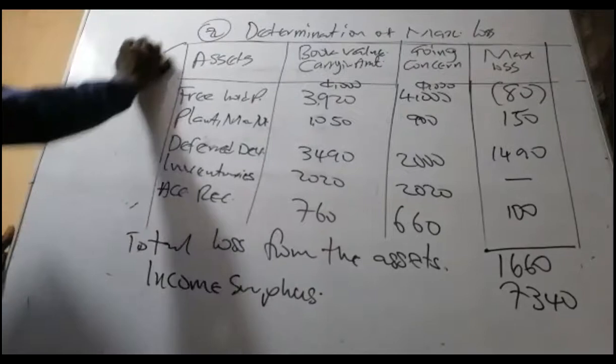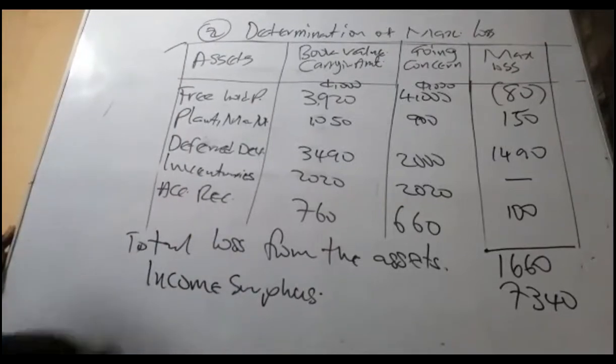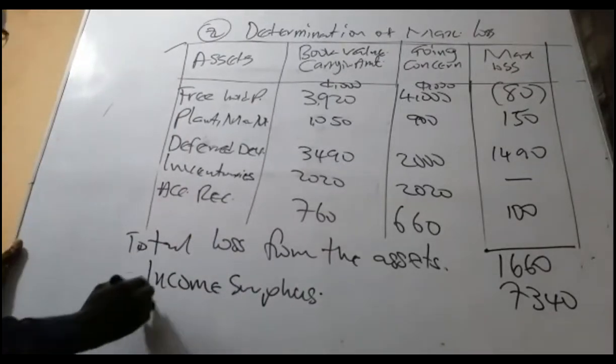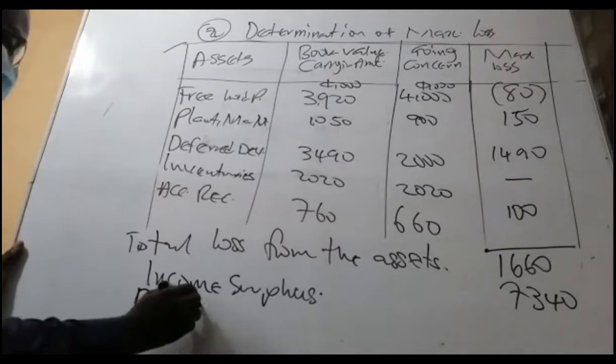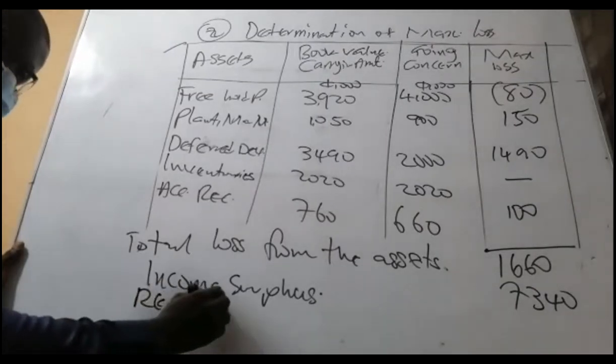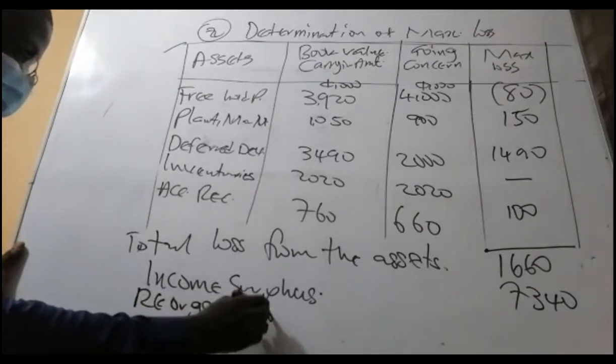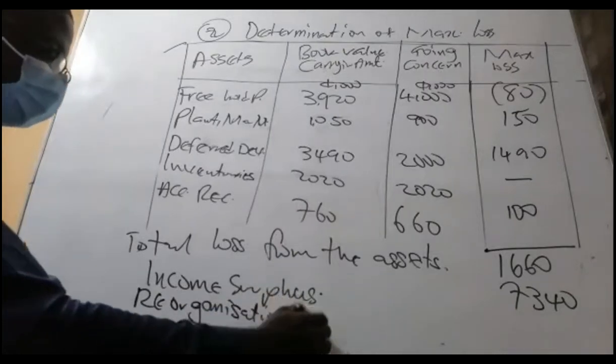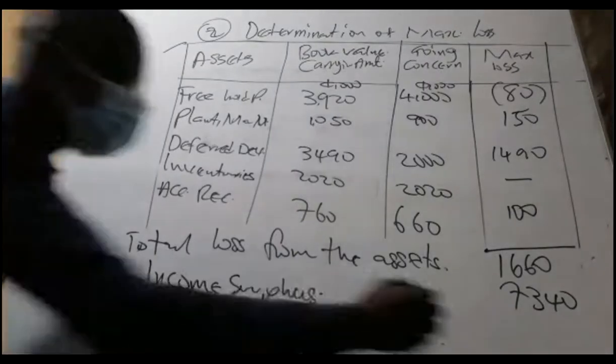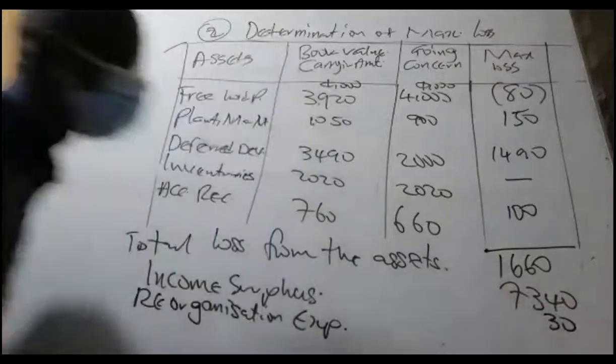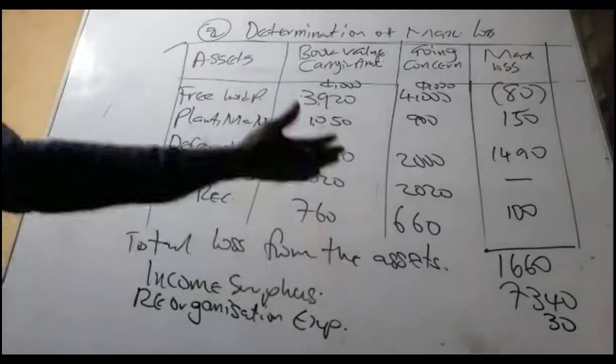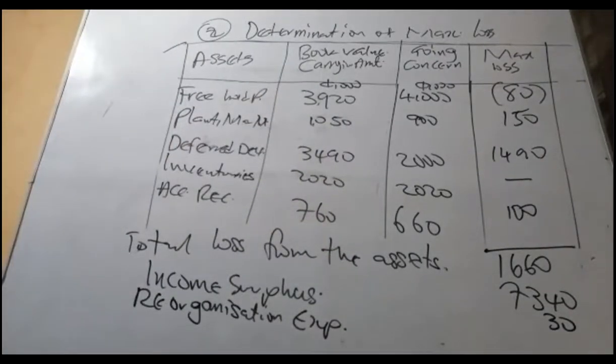It shouldn't come to zero. So reorganization expenses or cost, which is 30,000. I'll put it in. We are adding to its counterpart. Exactly. Then we move on to the next one.